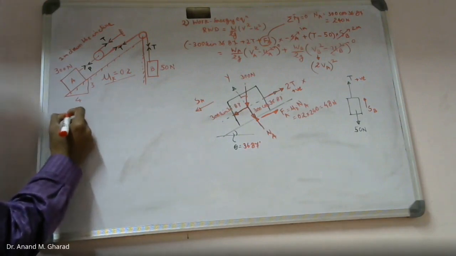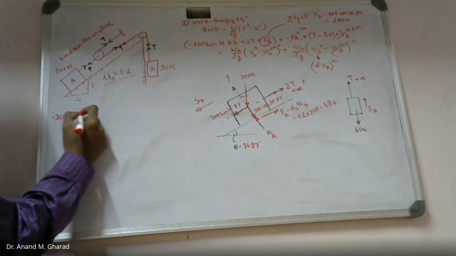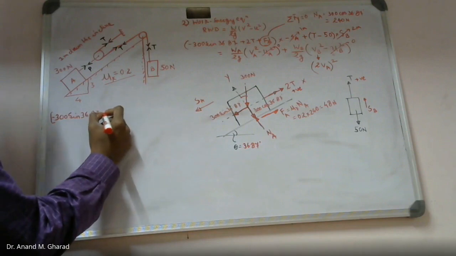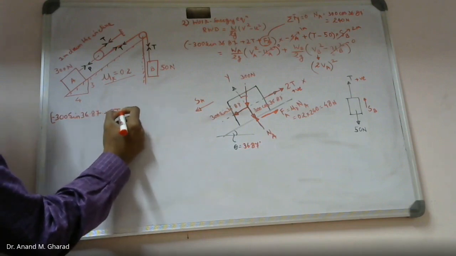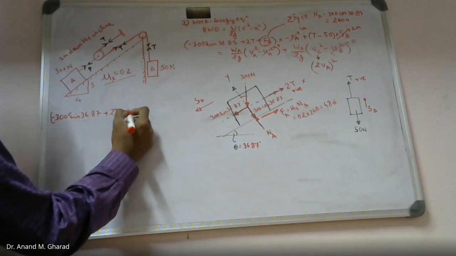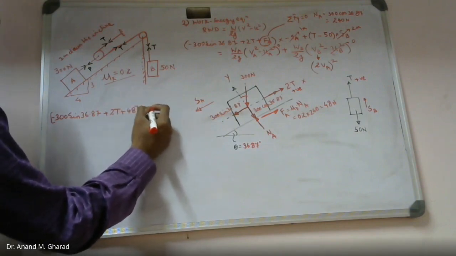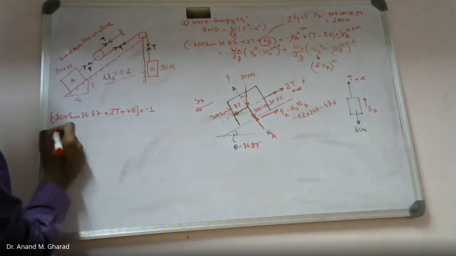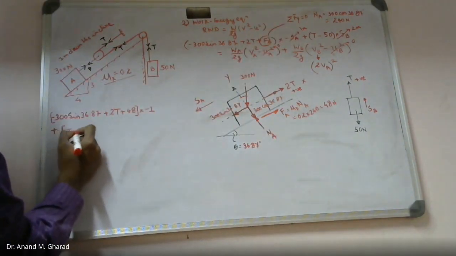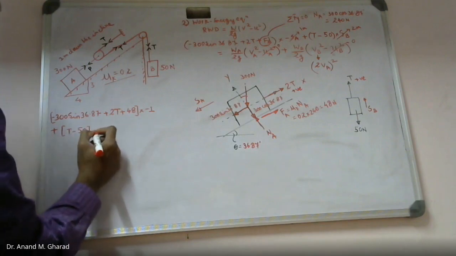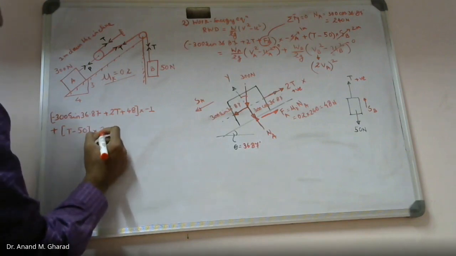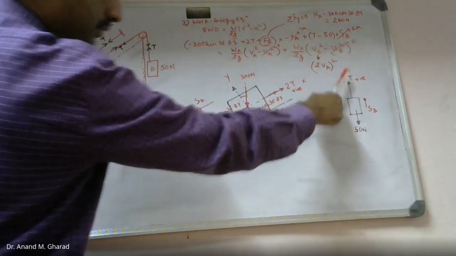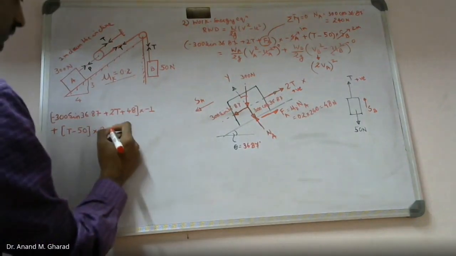Minus 300 sine 36.87, this is in bracket, plus 2T plus 48 into minus 1, because SA is 1, plus T minus 50 into 2. This will be positive because we have considered this to be in the positive direction, equal to WA.